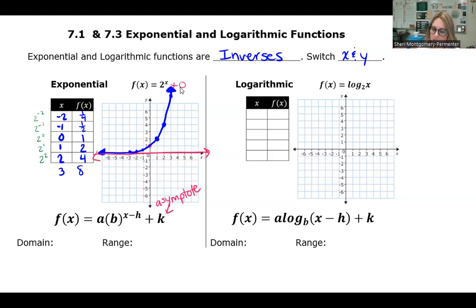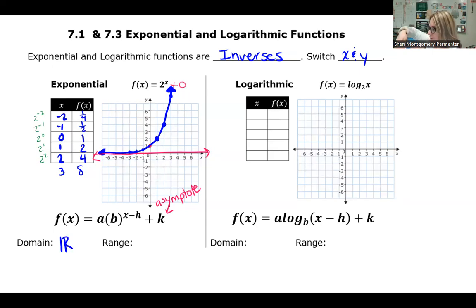For domain and range. So for my domain, that goes with X. X is left and right. This graph is going to go on forever to the left. It also goes on forever to the right, just growing. So it is all real numbers. For my range, my graph goes up forever because it is pointing up.